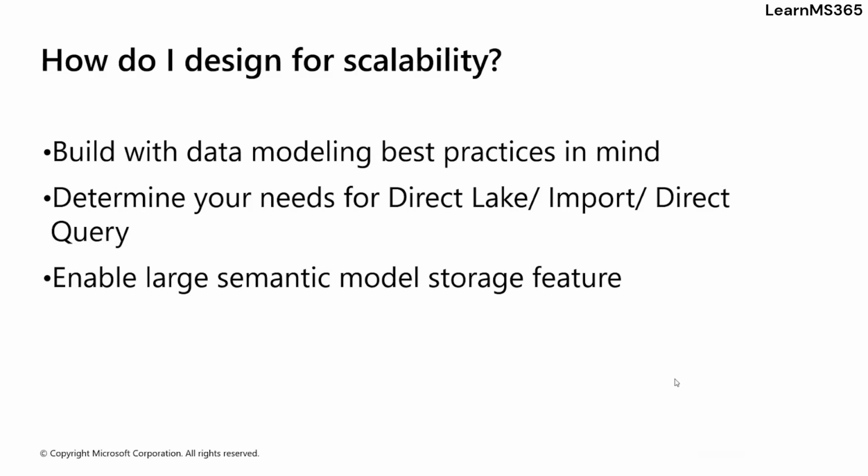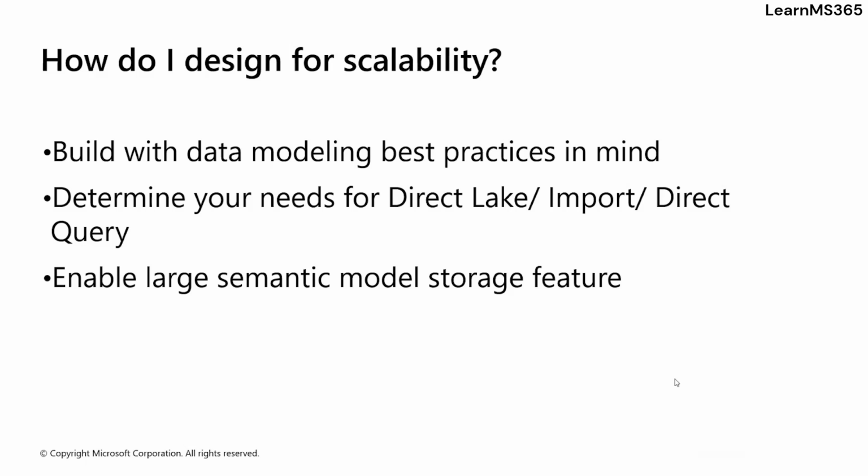At the most basic level, it's important to understand that Premium capacity requires sufficient memory for processing, and you will need double the amount of RAM to process your data model refresh.